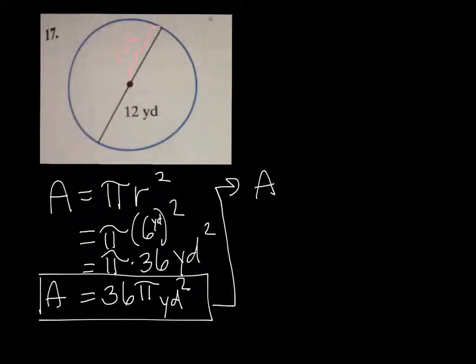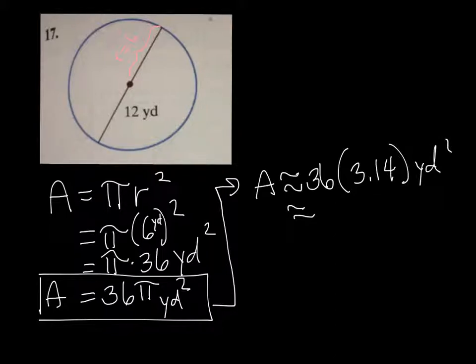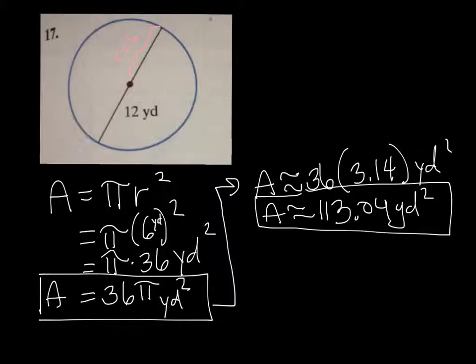So A is about 36 times approximately pi, 3.14, square yards, and I'm just punching that in my calculator. 3.14 times 36 gives me 113.04 square yards.